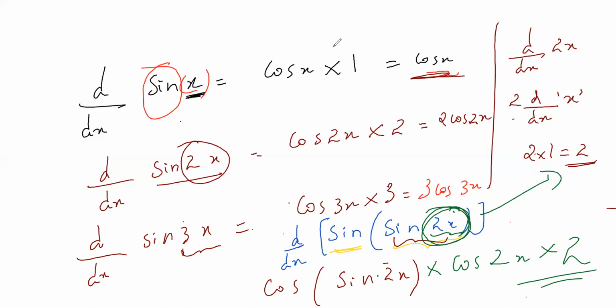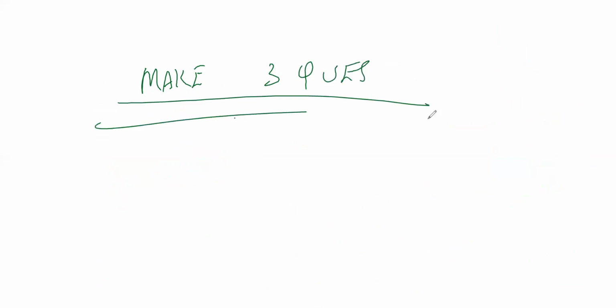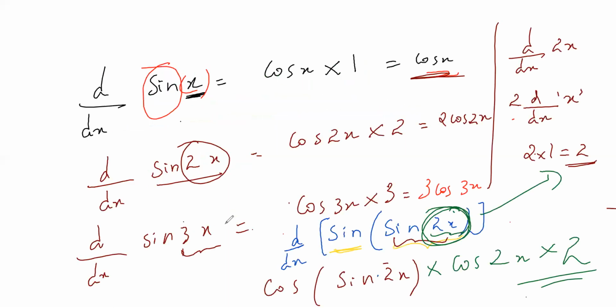I want everyone to make 3 questions in this. Make 3 questions. Like what? Sin 10x, sin 11x. Why am I telling you to make sin 10x or sin 11x? Why am I not telling you to make complex questions?